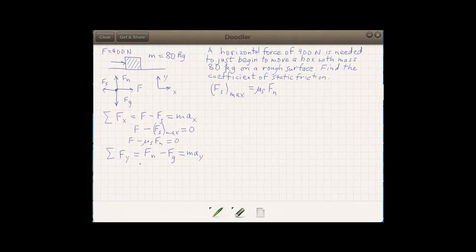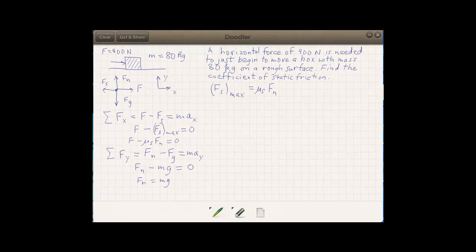We're trying to solve for that, F sub n, but we do know that the weight, or the gravitational force, is just mg. And on the right-hand side, what's the acceleration in the y direction? It's 0, because the object's going to slide, when it does, horizontally. It's not going to jump up off the surface. So the acceleration in the y direction is 0. The normal force thus gives us F sub n equals mg.